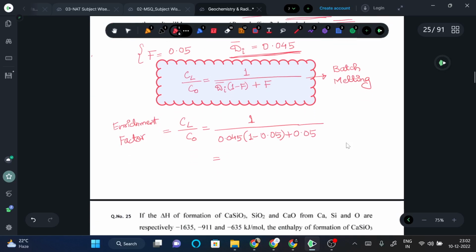So the calculation will come out to be, here I will write it, 1 minus 0.05 is 0.95, into 0.045, plus 0.05. This value is 1 divided by this. So this is coming out to be 10.78.